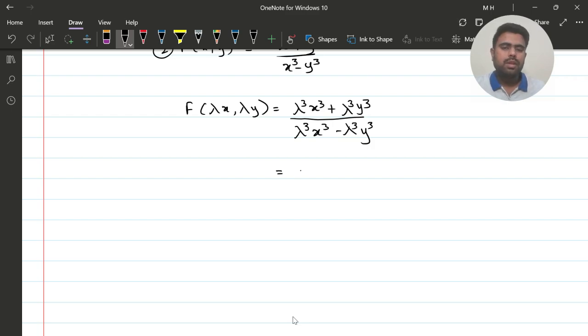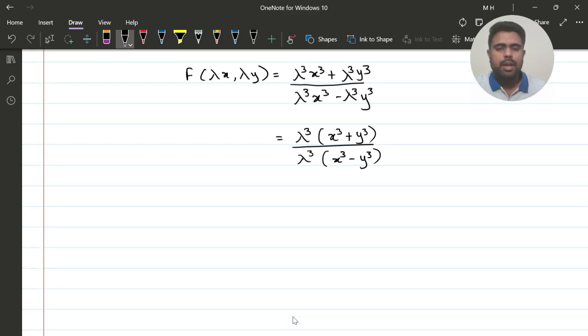If I take out lambda cube, the lambda cubes get cancelled and I'll get 1. But I can write 1 as lambda raised to 0.